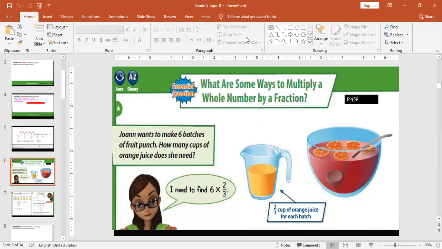So I will show you here. If I want to multiply 6, that's the whole number, so 6 multiply 2 over 3. 2/3.